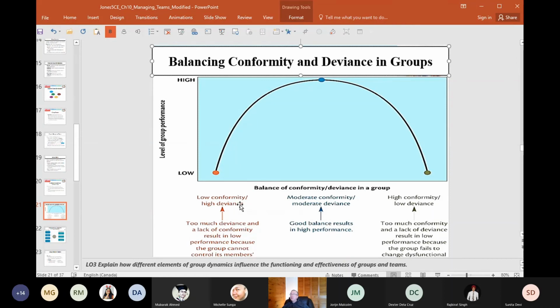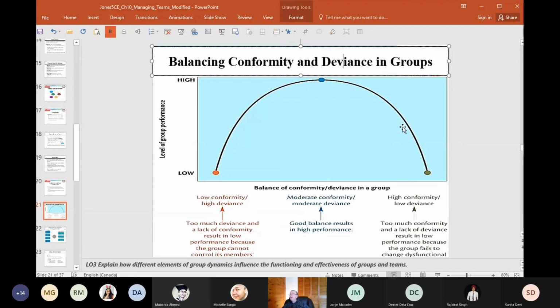So here's the idea of this. Low conformity and high deviance is not efficient. Too much deviance and the lack of conformity result in low performance because the group cannot control its members.